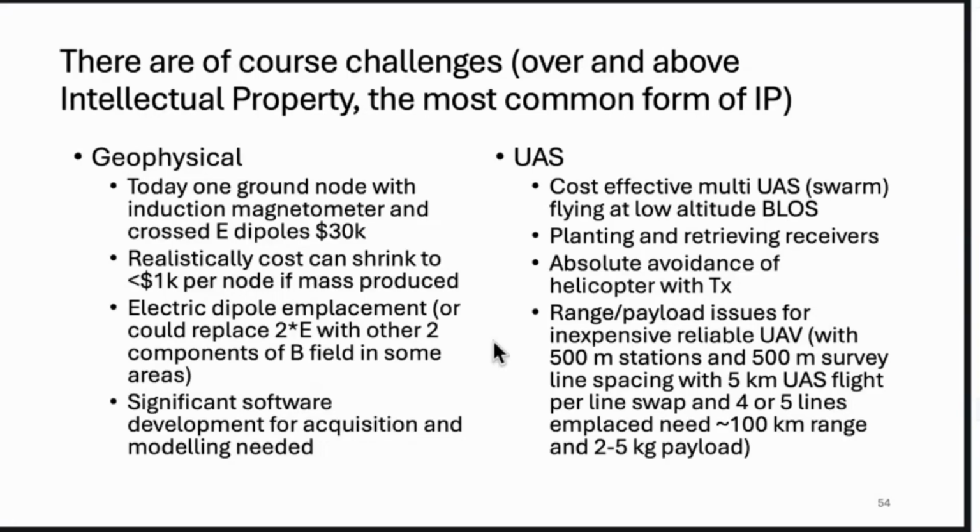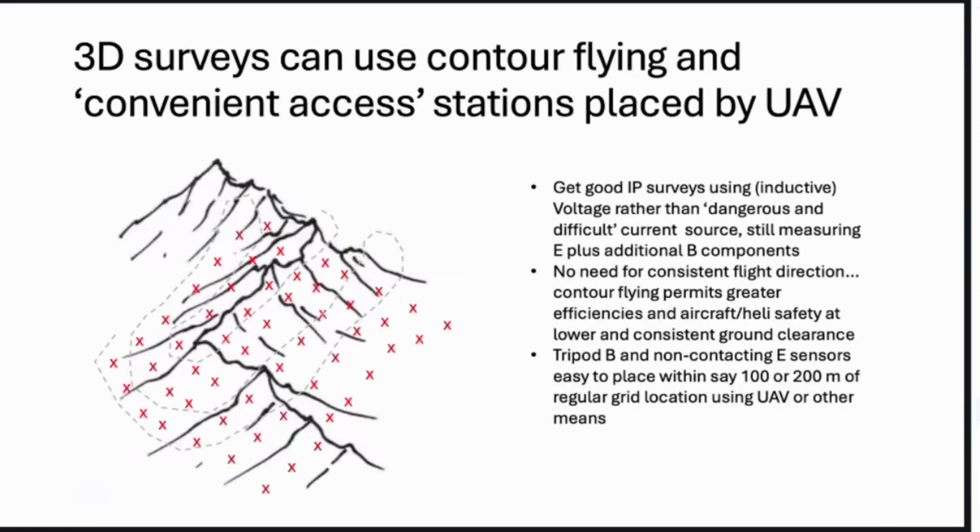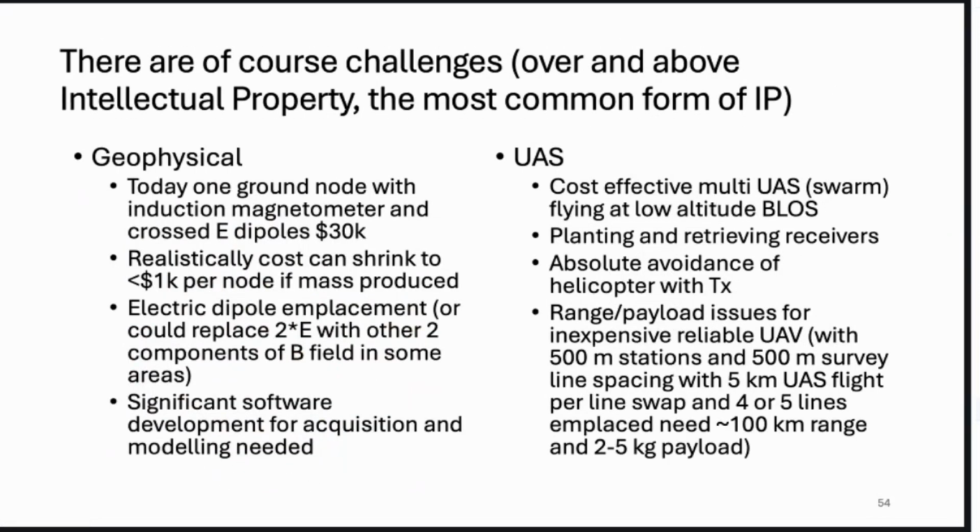So there are challenges. If you look at today, you probably need 30K for a ground node with an induction magnetometer. But realistically, we priced systems that could shrink that cost to about $1,000. That's Australian per node.